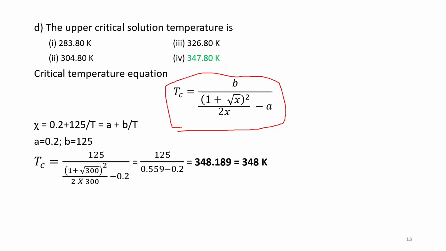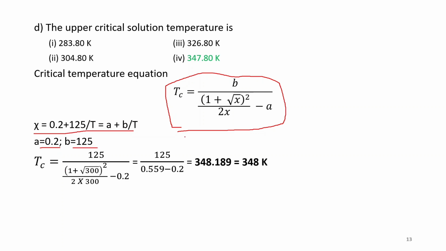This we already know from our lecture notes, and from the question we know that chi is equal to 0.2 plus 125 divided by T, which is nothing but a plus b by T. So from this we know that a equals 0.2 and b equals 125.